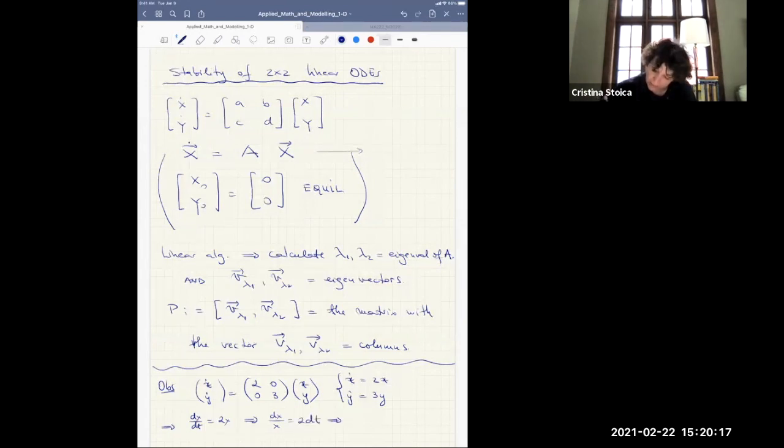So you're going to end up with x of t is e to the 2t times some initial value, a constant. People sometimes write it like this: c1 e to the 2t. So this is the value of uncoupling the system.